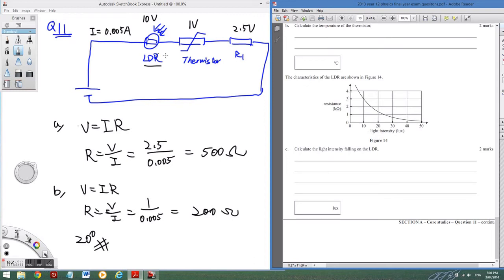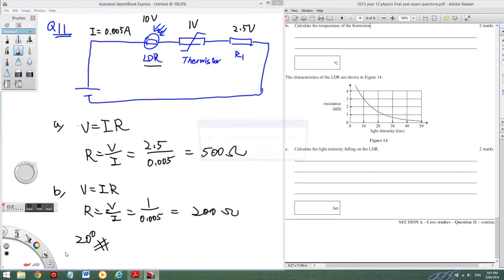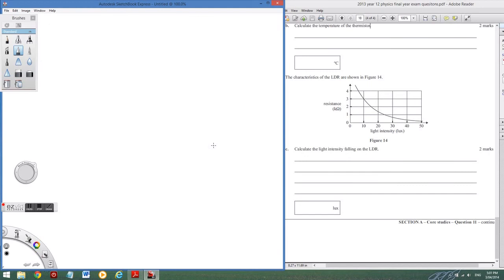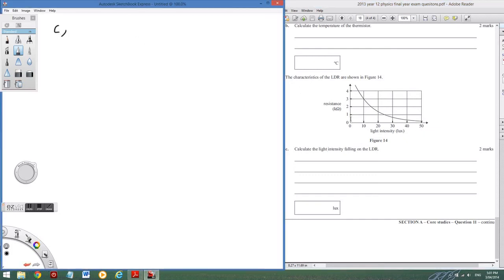So if I put that device outdoors somewhere, the resistance varies depending on the light intensity, whether it's day or night, whether it's sunny or not. The question asks me to find the light intensity on that device at that instant. So the idea is, if I find the resistance, I find the light intensity.